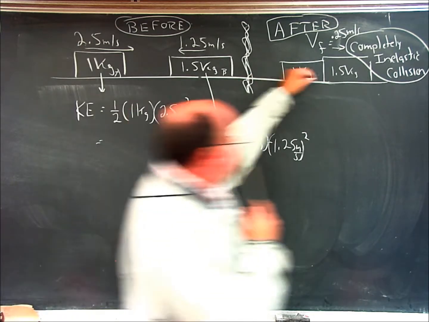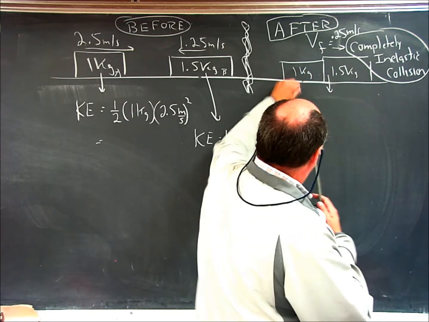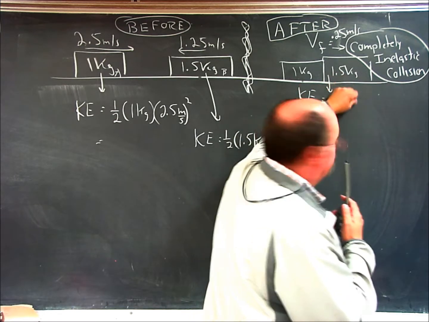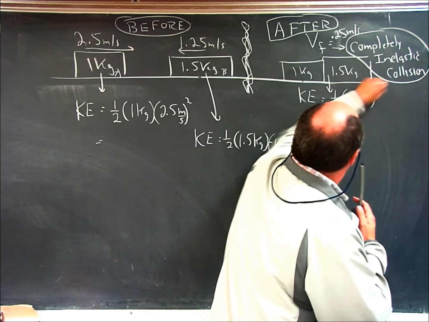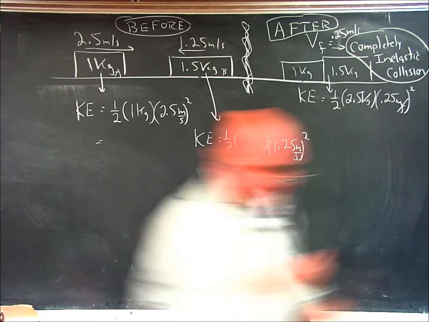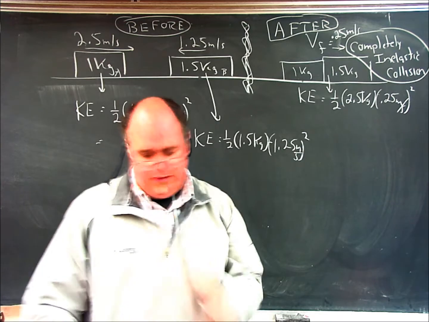And the kinetic energy of this combined piece is going to be 1/2 times the total mass, 2.5 kilograms, times the speed, 0.25 meters per second, squared.